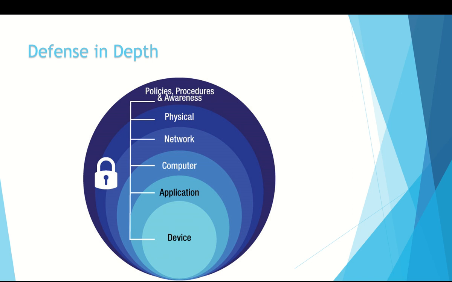The perimeter layer uses distributed denial of service, that is DDoS protection, to filter large scale attacks before they can cause a denial of service for users. The network layer limits communication between resources through segmentation and access control.